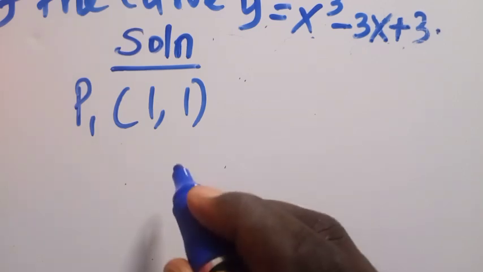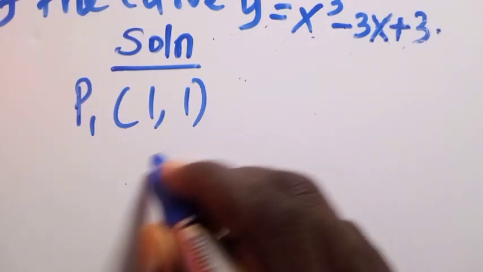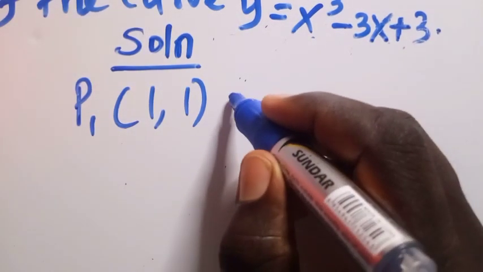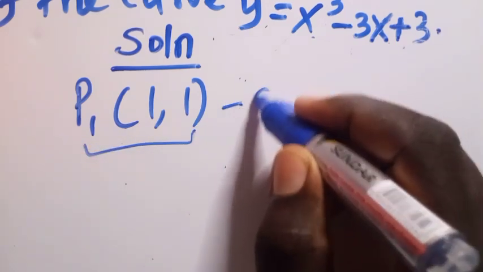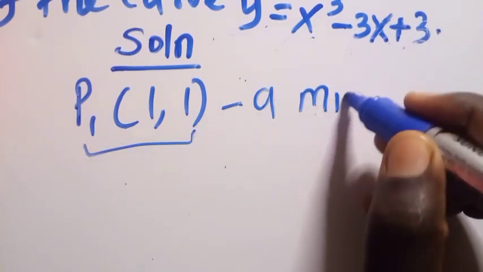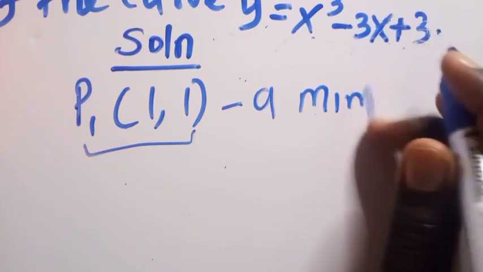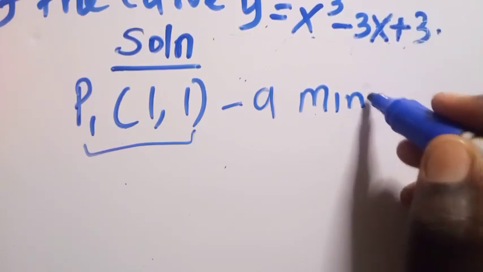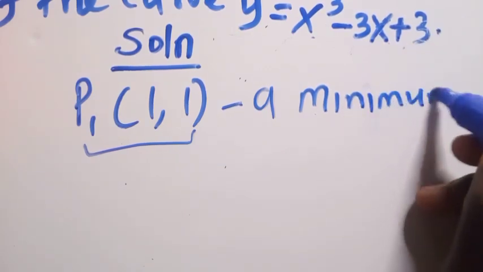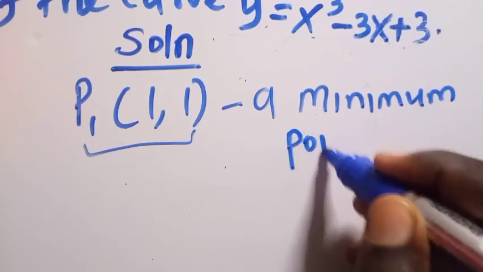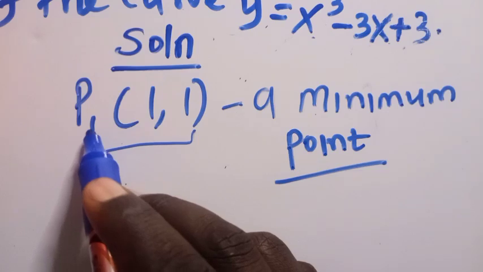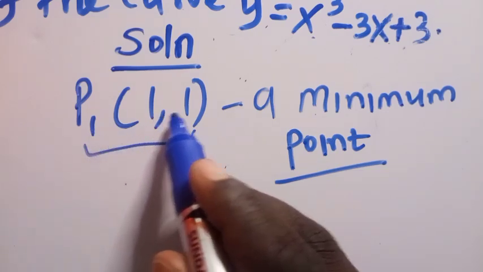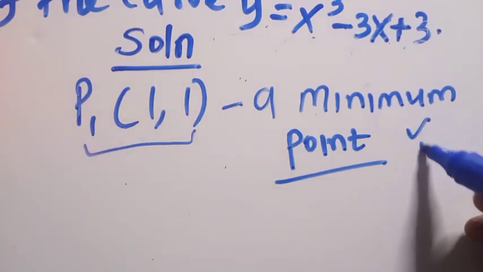We can therefore conclude that this point is a minimum point. That is our conclusion: the first point, which has the coordinates 1, 1, is a minimum point.